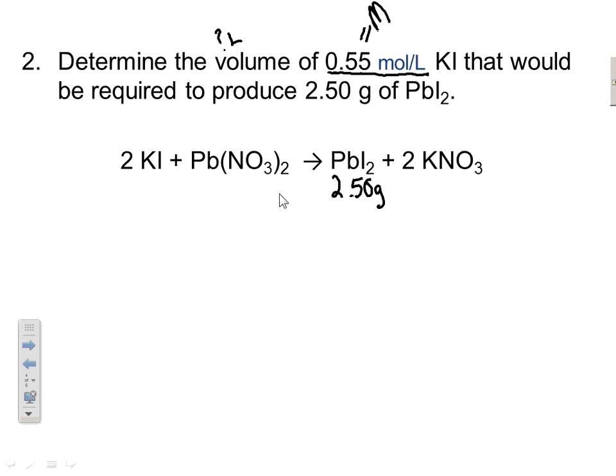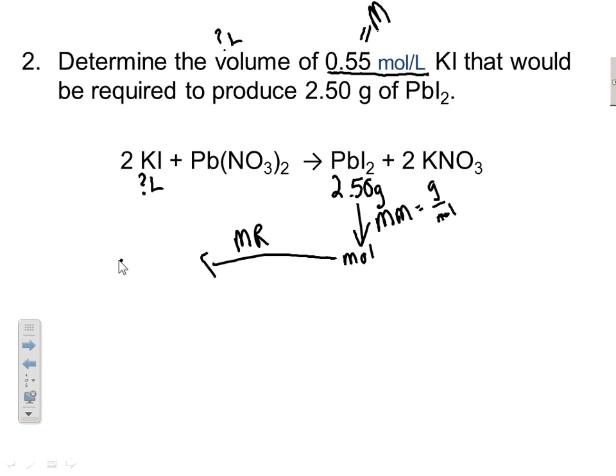And we want to find, as we stated here, how much potassium iodide, question mark, liters. Okay? Heading this way, we need a molar mass because that's how we convert mass to moles. So we'll need our grams per mole. Heading over here, mole ratio coming from our balanced chemical equation. That's going to get us our X moles.